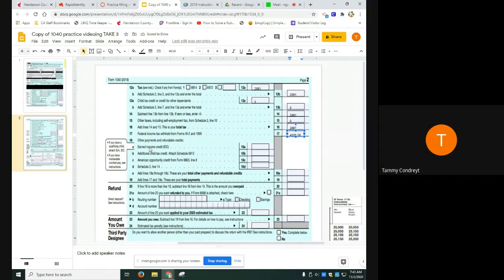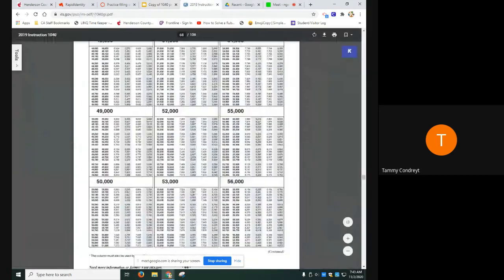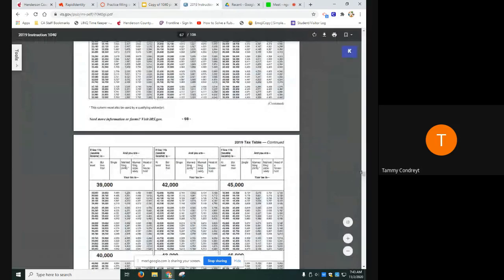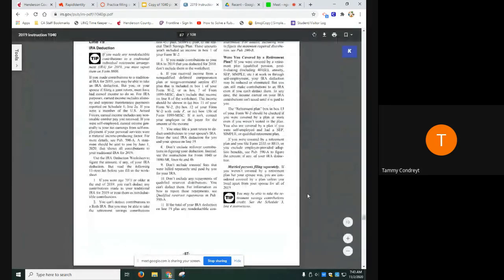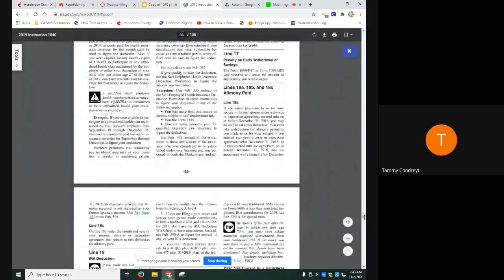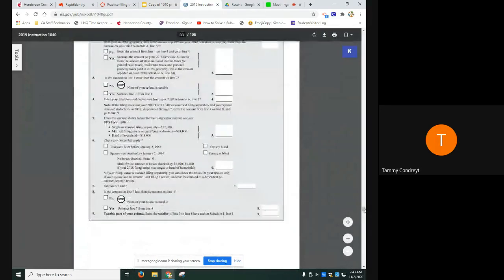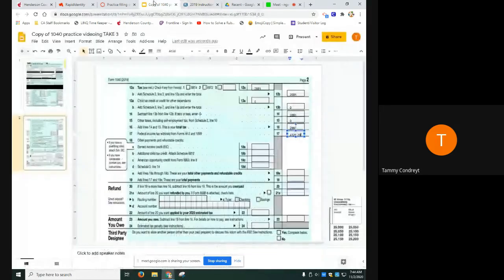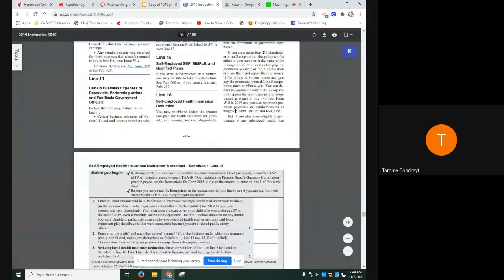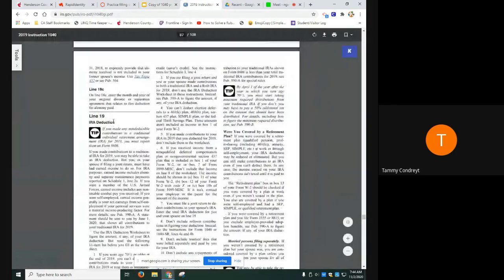Then we look at some other things. Some people get an earned income credit. That's another form you look at to see if you get anything from there. You can look down through here at the earned income credit line. That was in line 18. So if I go through here, I'll find there's line 17, line 18.